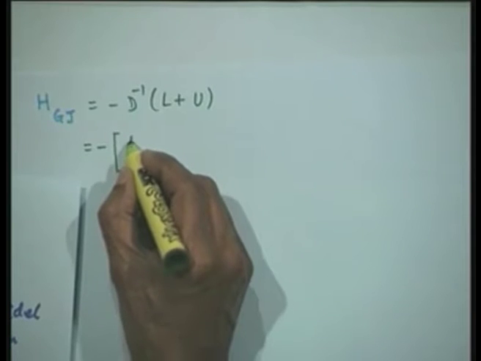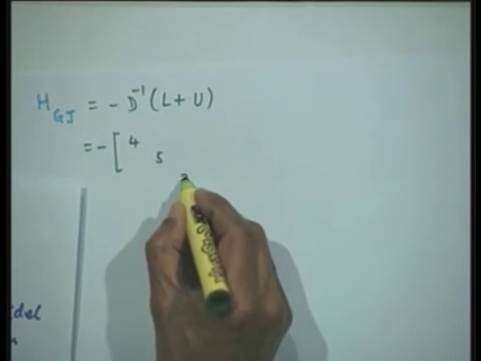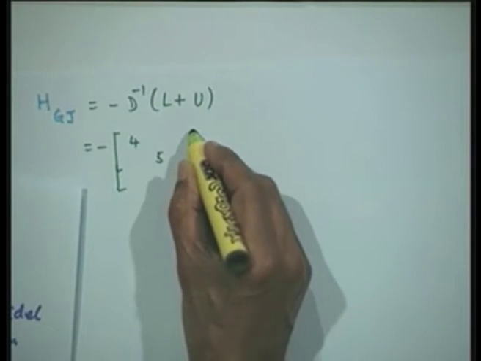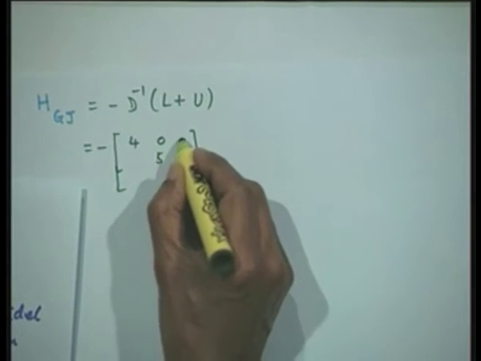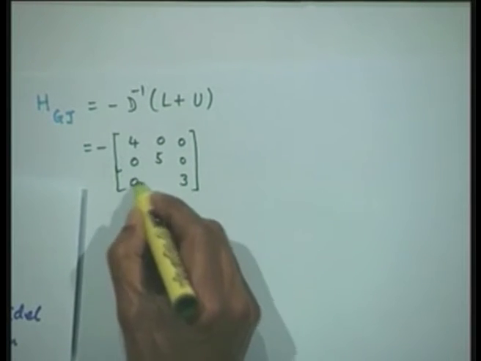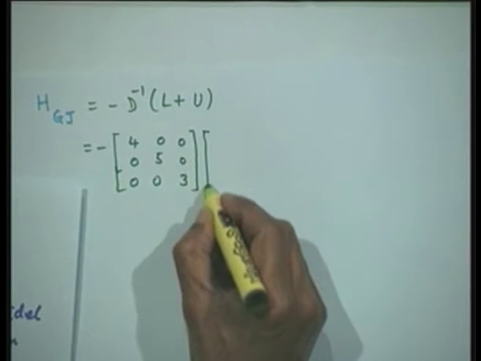So, this will be 4 5 3, all right, let us put zeros here, and the remaining part is L plus U.